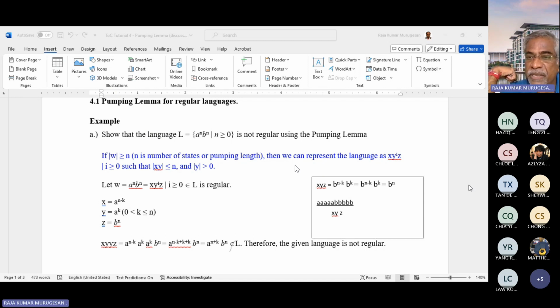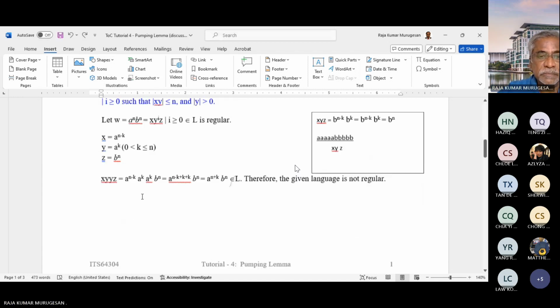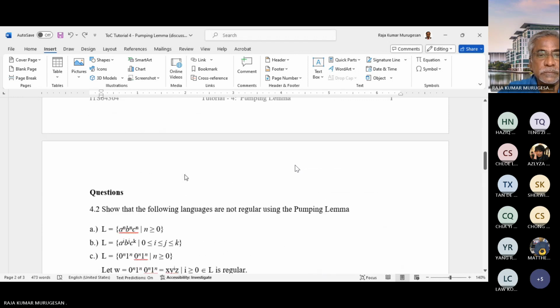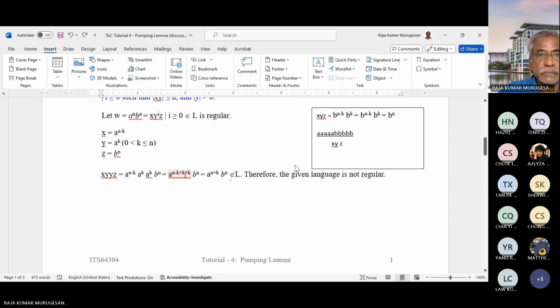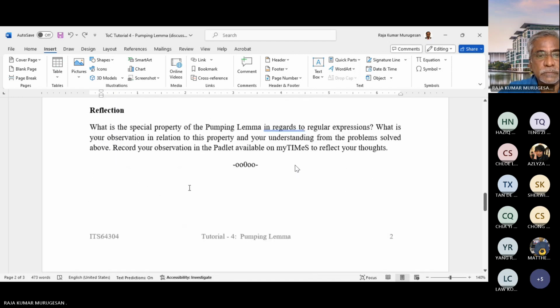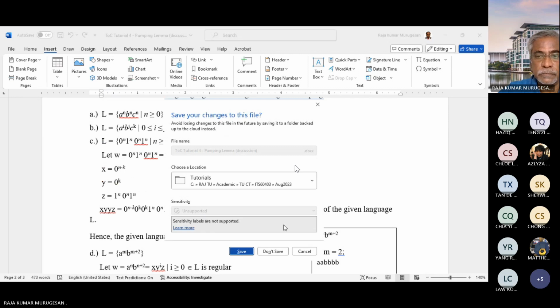In the tutorial PDF, what is the range of M in the question? Good question. I'm sorry, I mistakenly closed it.